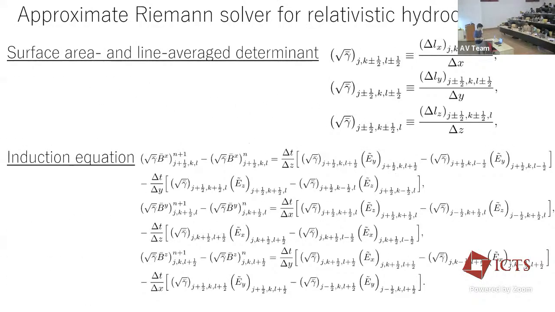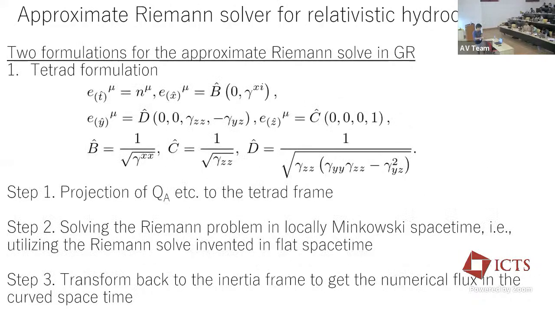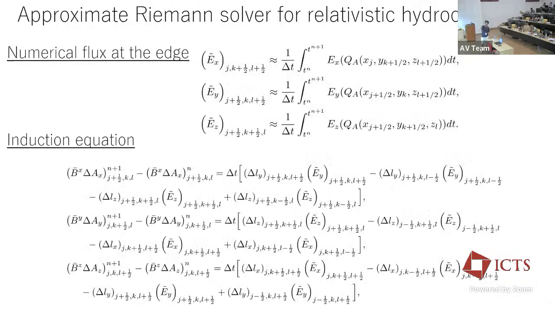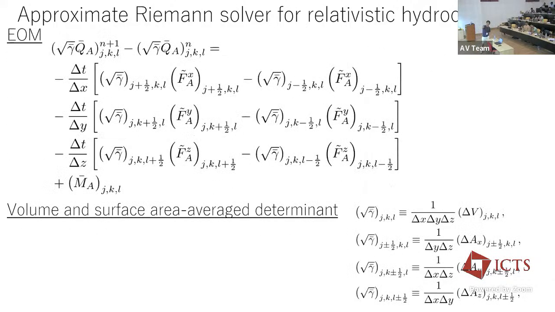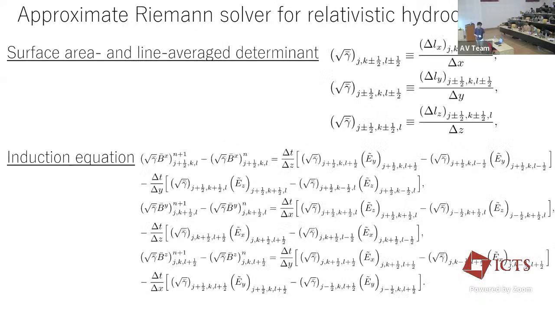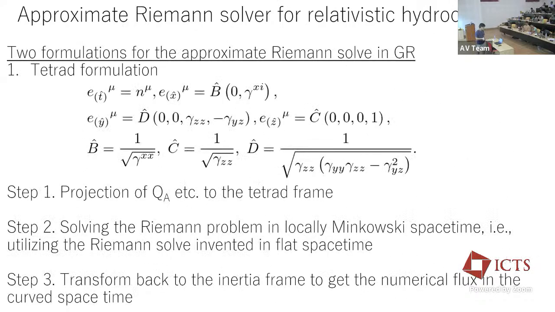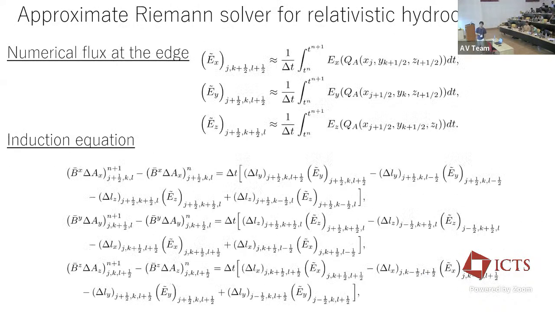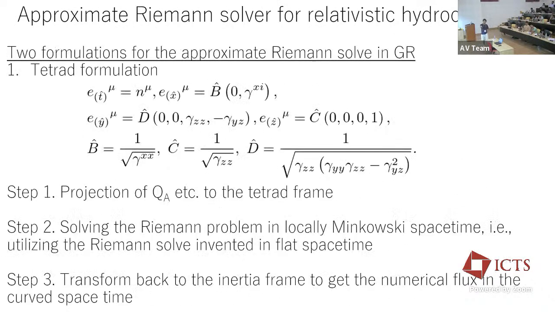So now we jump into how to evaluate the numerical fluxes, like F tilde, which is the numerical flux, and E tilde x, y, z as well. There are a couple of options to evaluate the numerical flux at the cell interface and cell edge, and I'm going to explain a couple of them.